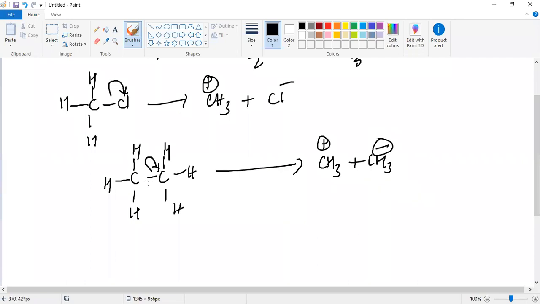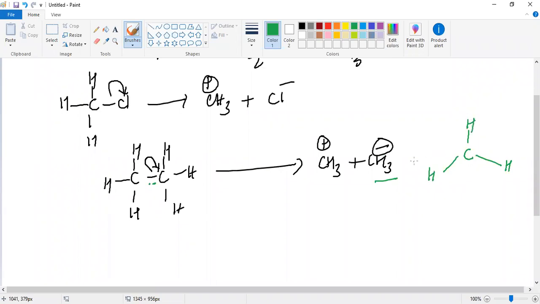Please remember that both the electrons which belong to this bond go to this carbanion. Thus, my dear students, this carbanion has got the extra pair of electrons, though it has got only 3 bonds this way.